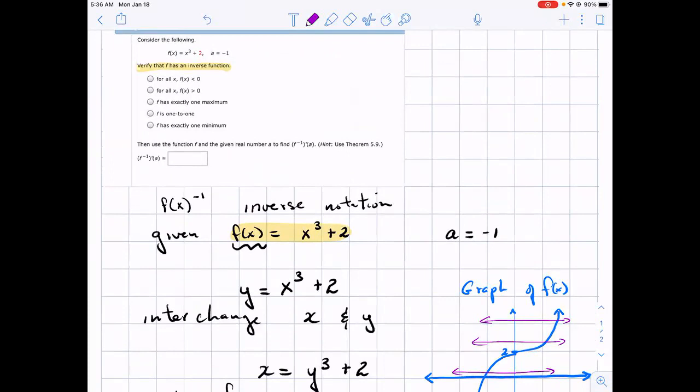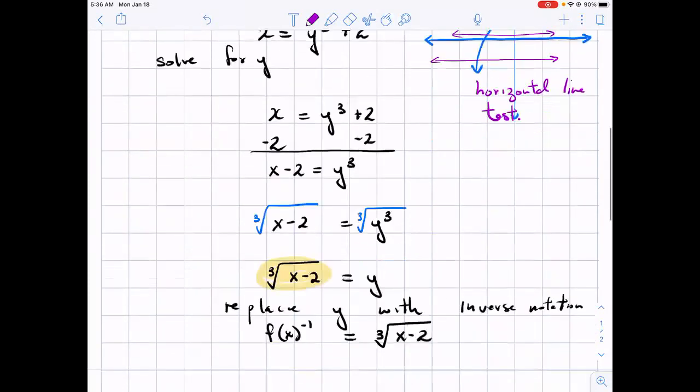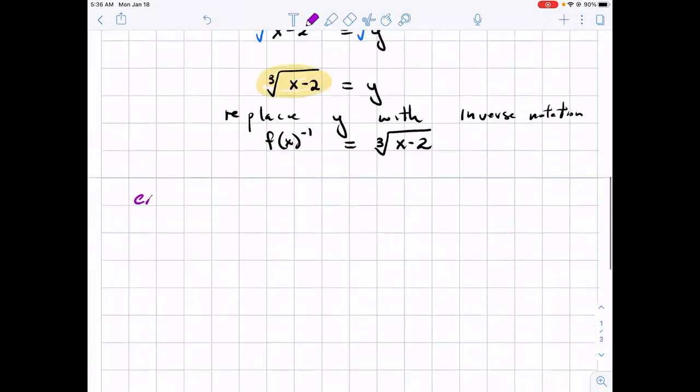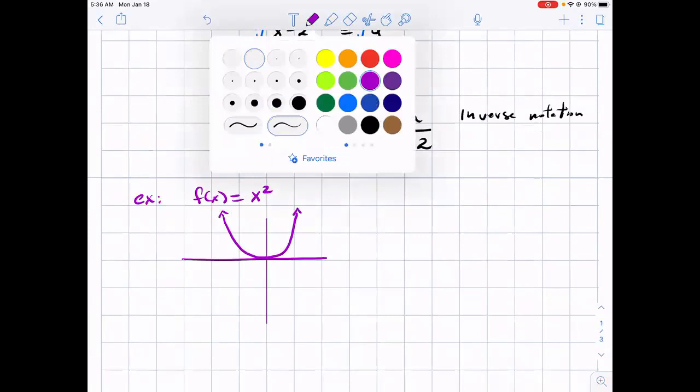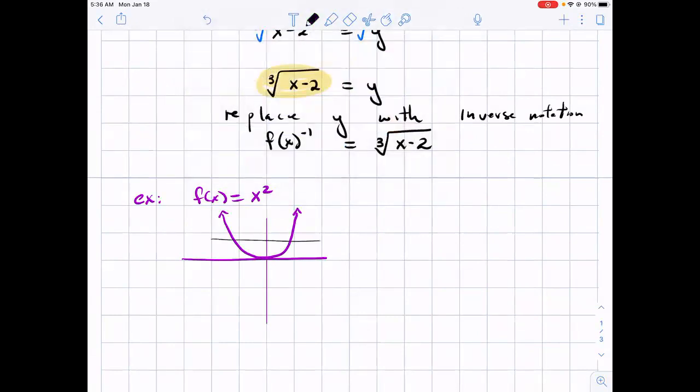So for example, if your function was a parabola, if you had f of x equals x squared, obviously the graph of x squared would not pass the horizontal line test, right? If you draw horizontal lines on this graph, it would hit twice. So here it does not pass. The horizontal line test fails.